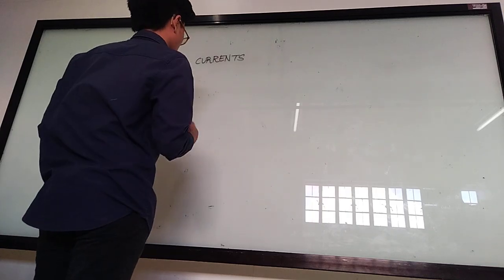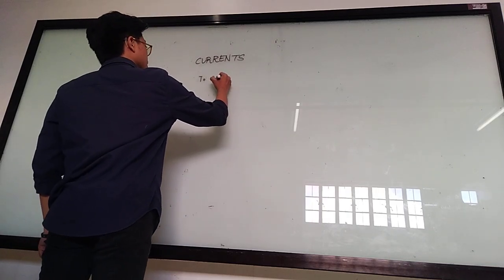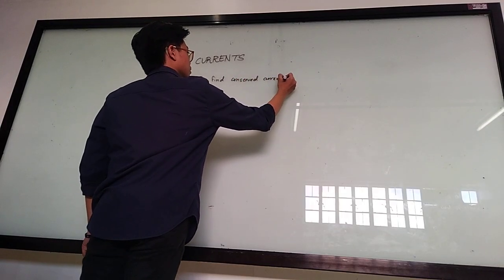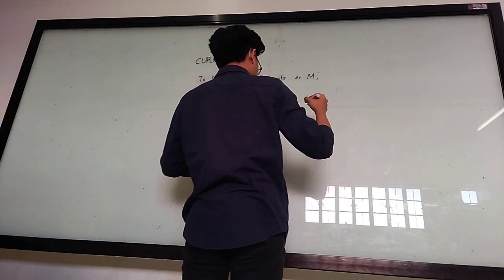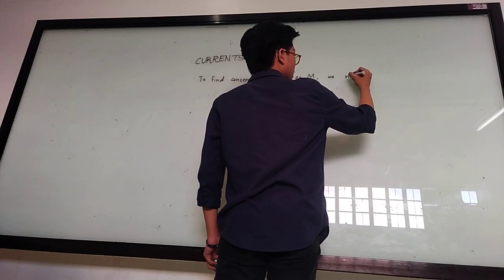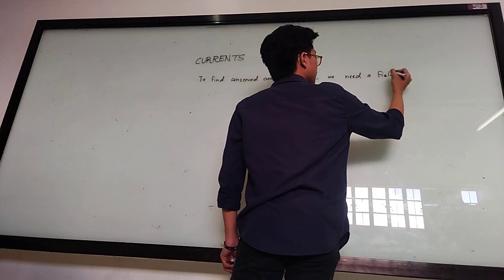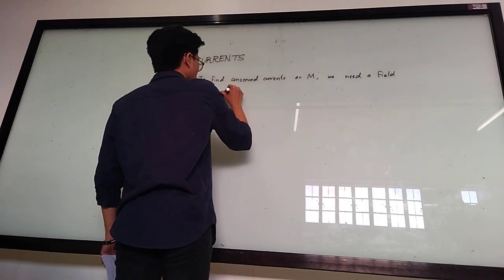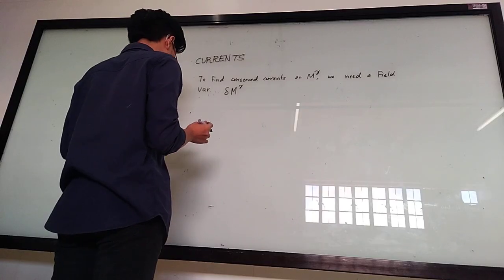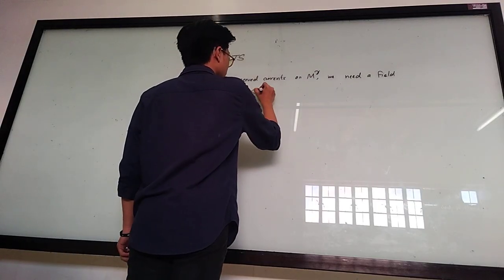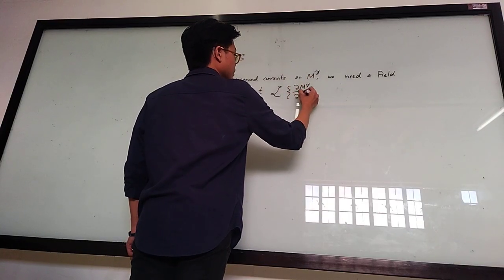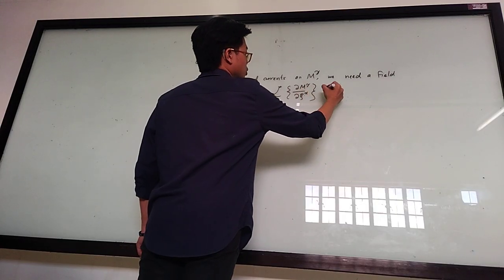Now to find the conserved currents on my Milf string M, I need a field variation, which I will call delta of X mu, such that my Lagrangian density doesn't change.